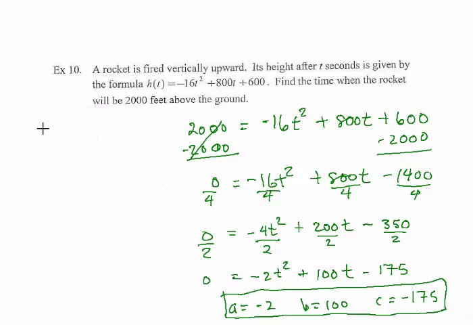Alright, so over to the left, we'll write t equals negative b, which is minus 100, plus or minus the square root of 100 squared minus 4 times a, negative 2, times c, minus 175.